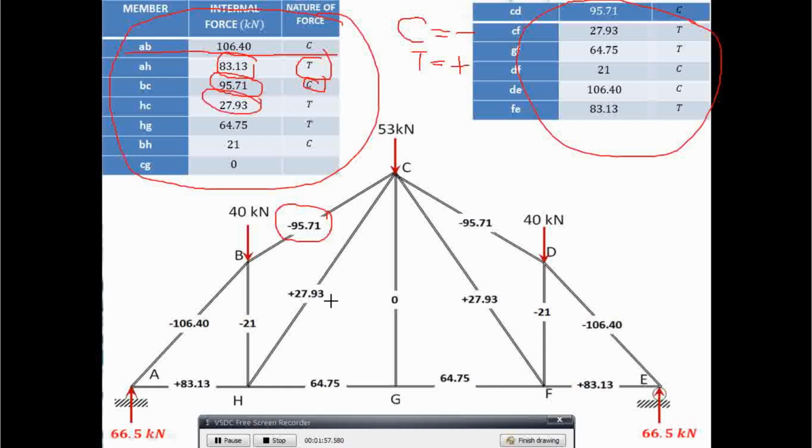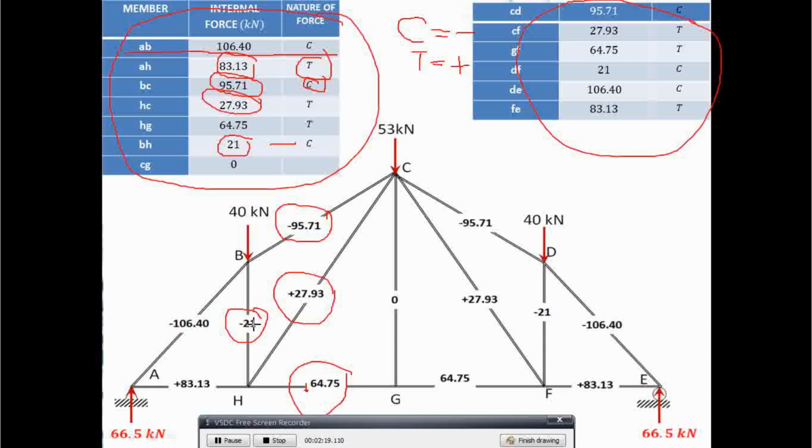HC is 27.93 under tension, kaya positive. HG is 64.75 under tension, kaya positive din ito. And BH is 21 under compression. So, 21, since compression, negative.